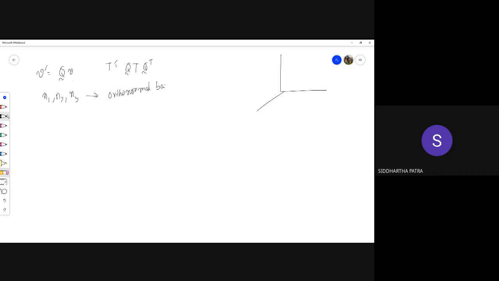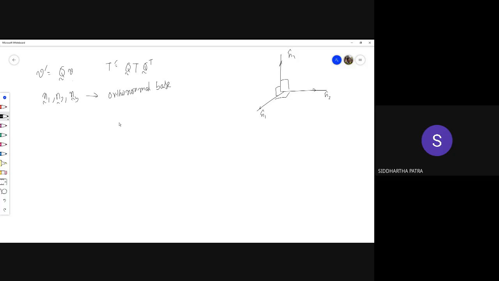Once I have each of the basis vectors, then I have an orthonormal base. So all of these vectors are normal to one another. In any situation I can always get three orthonormal vectors, eigenvectors or principal directions.